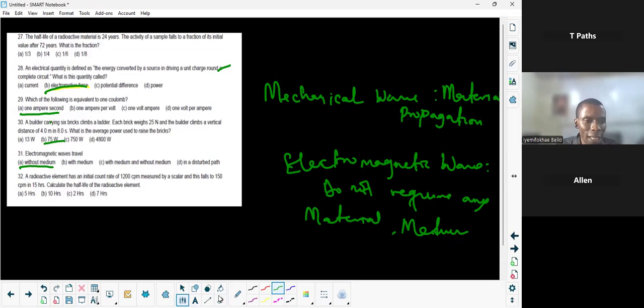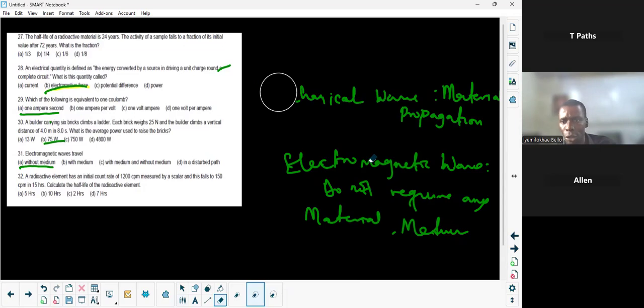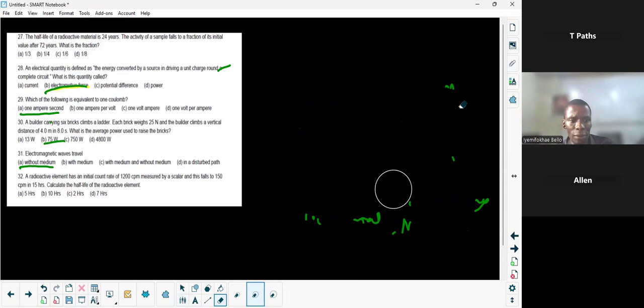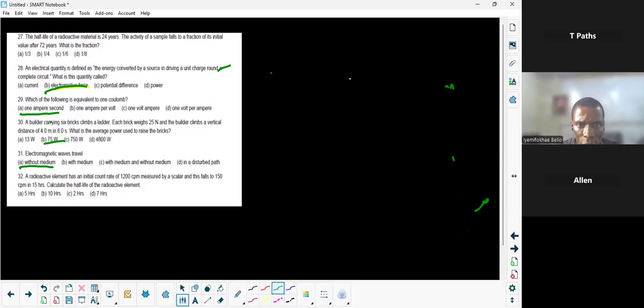Now let's go to question 32. Question 32 is from radioactivity again. It says, a radioactive element has an initial count rate, N1, which is 1,200 CPM, measured by a scaler, and this falls to 150 CPM.